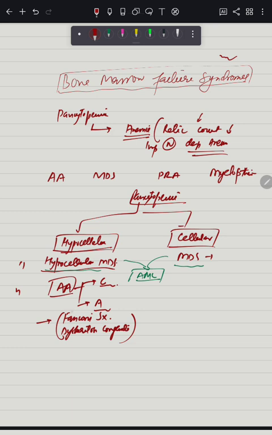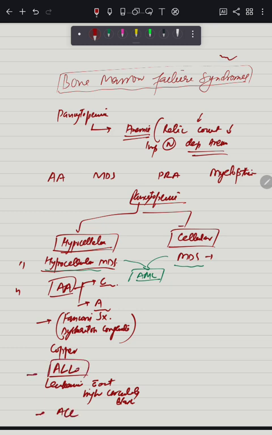Other rare causes can be copper deficiency and aleukemic leukemia. That means there is leukemia, but without high circulating blasts. Fourth is ALL, so this was aleukemic leukemia, and another is lymphomas of bone marrow.